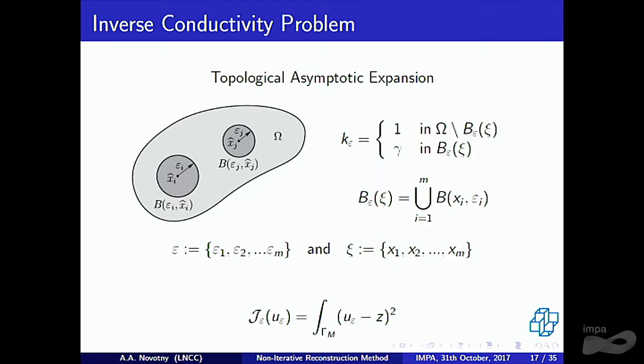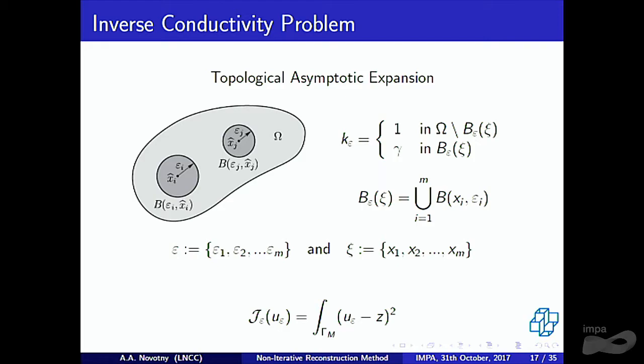Here, just to simplify the notation, this is actually a vector of radii and a vector of locations, epsilon, xi. And then we have the perturbed shape functional, which depends on the small parameter through the solution to the state problem, the perturbed problem. Okay?